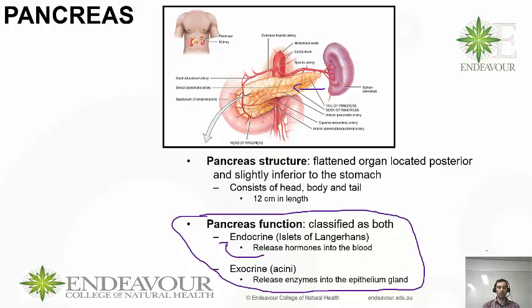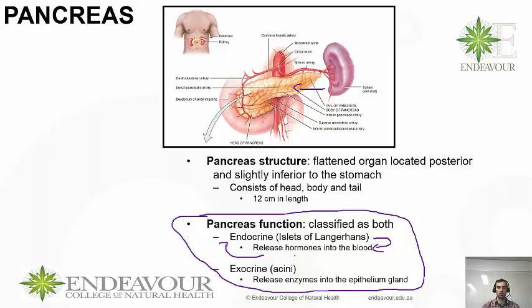Alright, so the pancreas actually has functions in both releasing hormones into the blood and also releasing enzymes into the small intestine. So for this reason, we call it both an endocrine and an exocrine organ. So the islets of Langerhans are the region that will actually release the hormones into the blood.